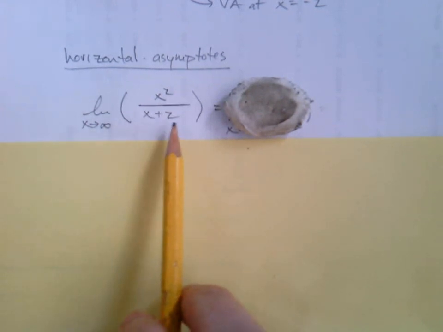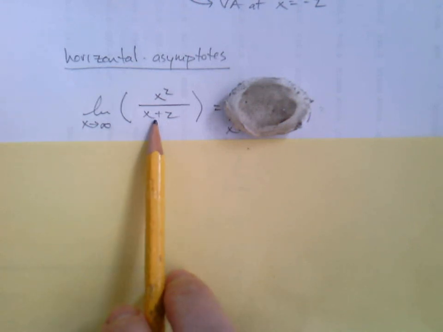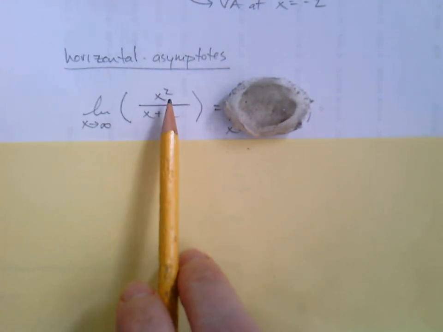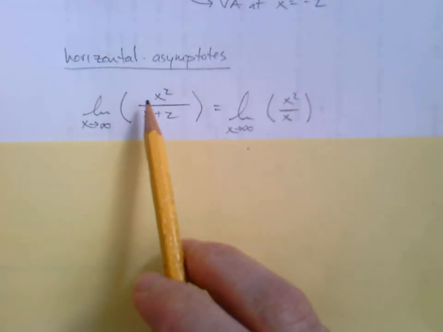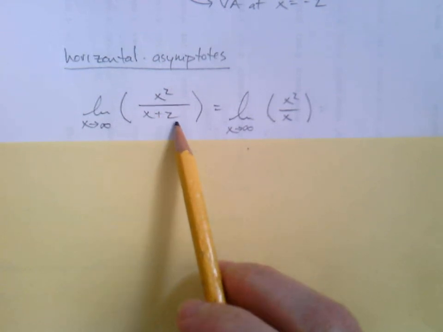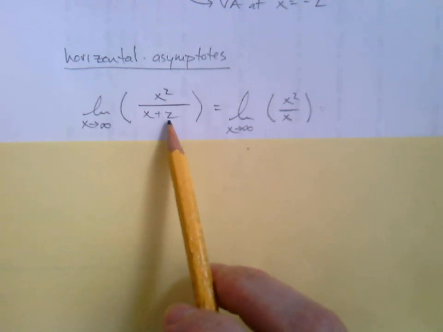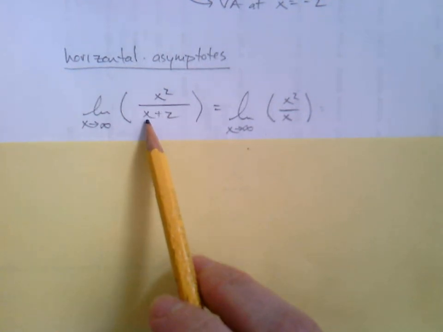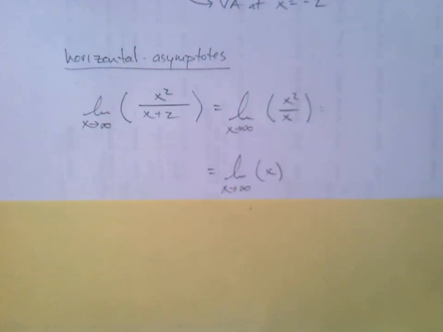Now, how do you actually execute this limit as x approaches infinity? You just take the highest powers of x in both numerator and denominator, along with their coefficients, if they had them. So it's like we're saying, hey, when x gets really, really big, this plus 2 doesn't matter anymore. It's not influential. We're just going to look at the highest powers, and of course this reduces to just x. So if x is approaching infinity, well, then that answer is going to be infinity.